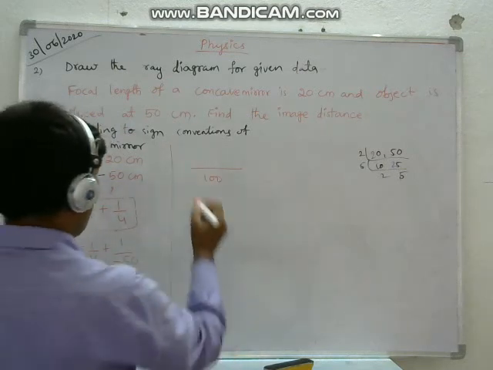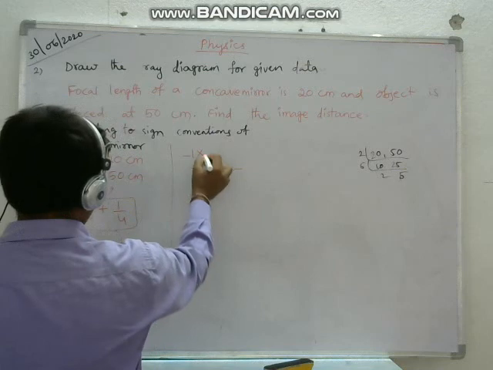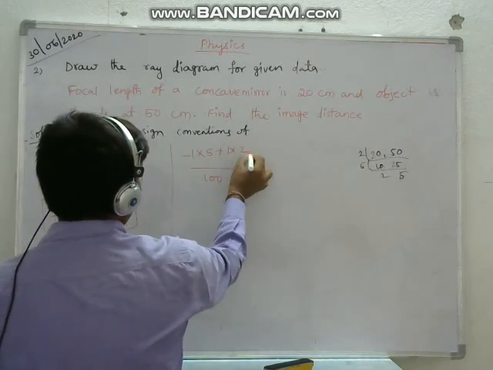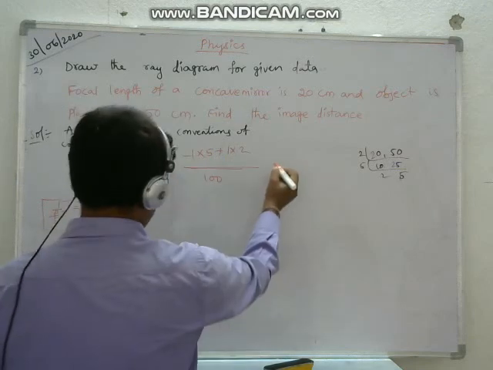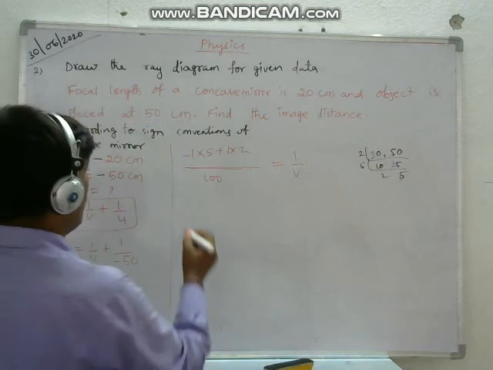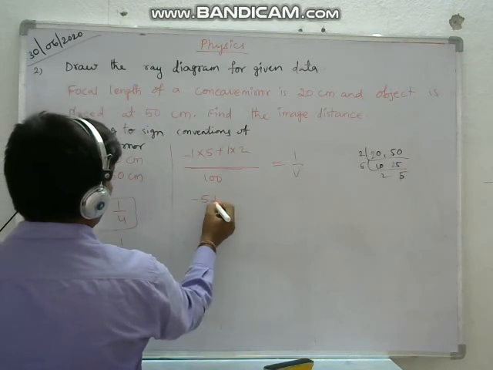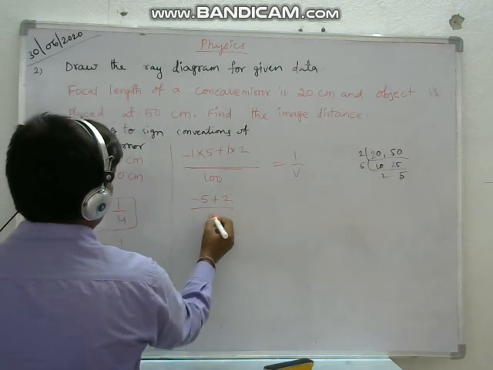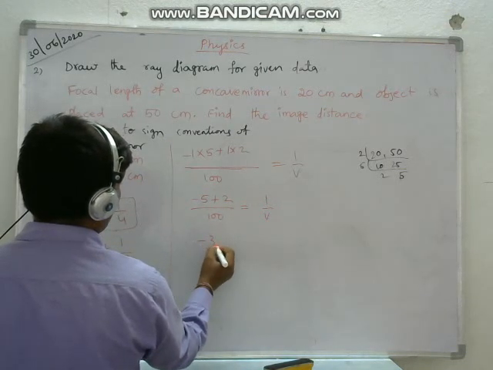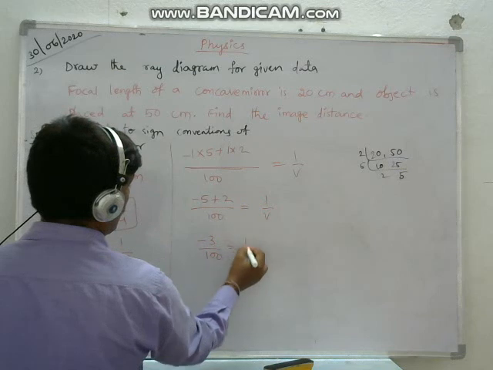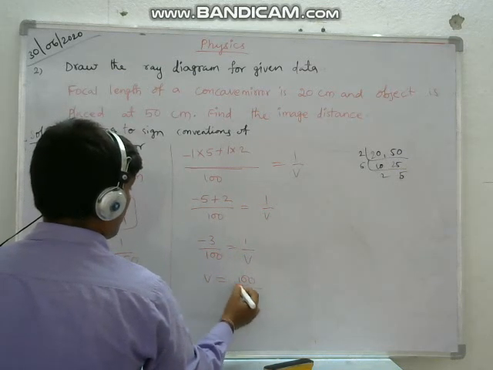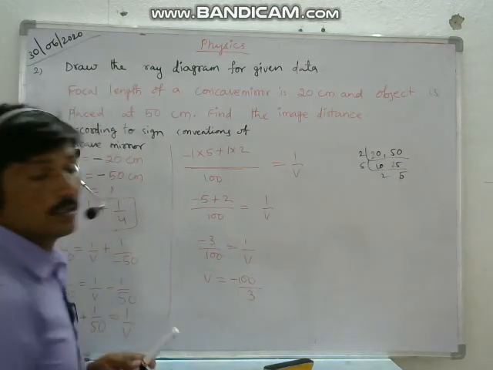So we'll get minus 1 into 5 plus 1 into 2 by 100 is equal to 1 by v. Here minus 1 into 5 is minus 5, plus 2, by 100 is equal to 1 by v. So minus 3 by 100 is equal to 1 by v. So v is equal to minus 100 by 3.